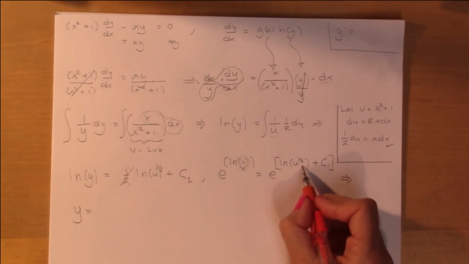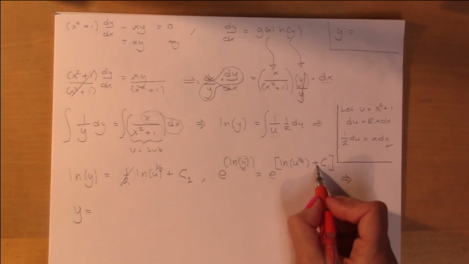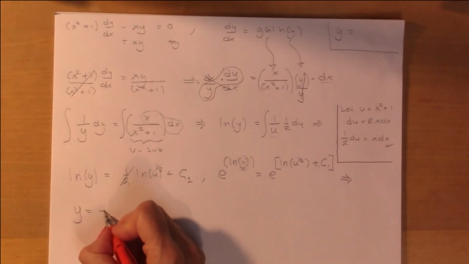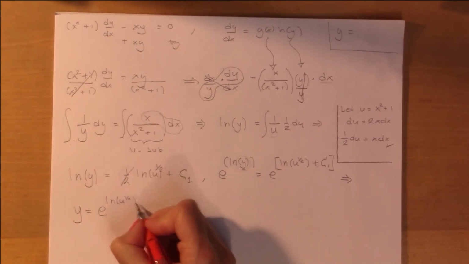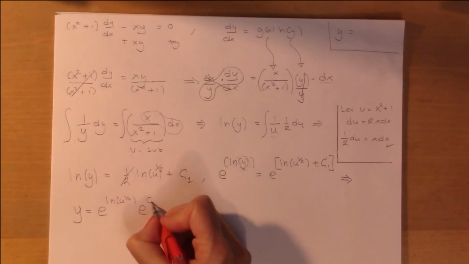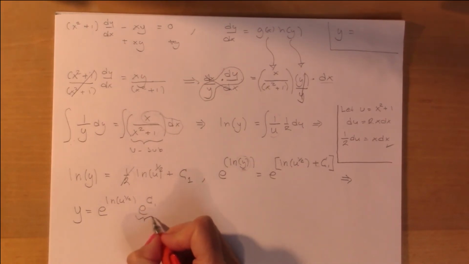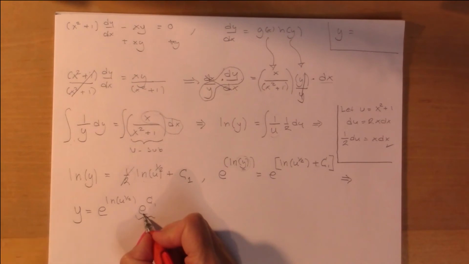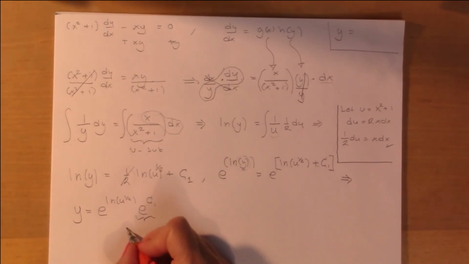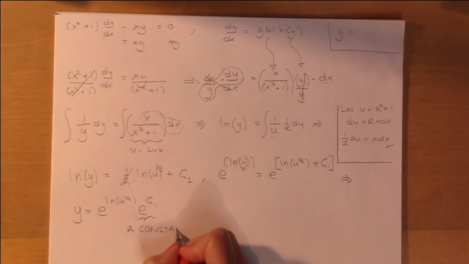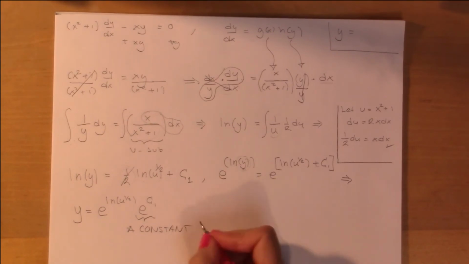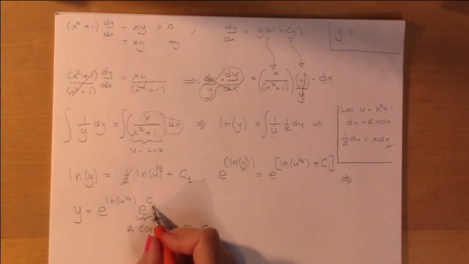Remember, when you add exponents, it's the same as multiplying the bases. So we have e to the ln of u to the 1/2 times e to the power of C1. Now remember, e is just a number, 2.71 and some decimals, and this is just a constant. And this one I will label C2 because it's not the same constant.